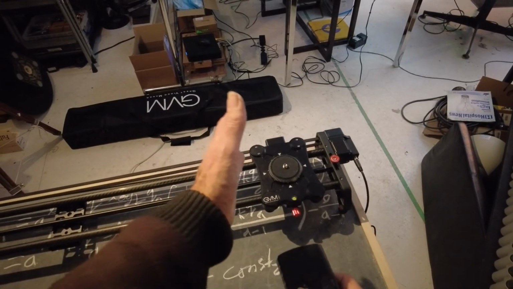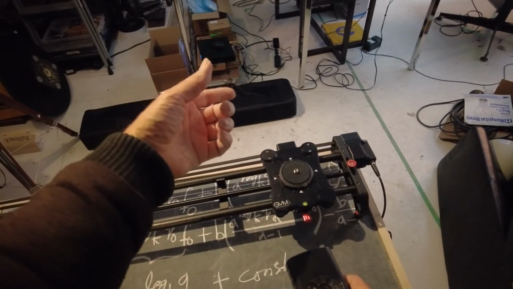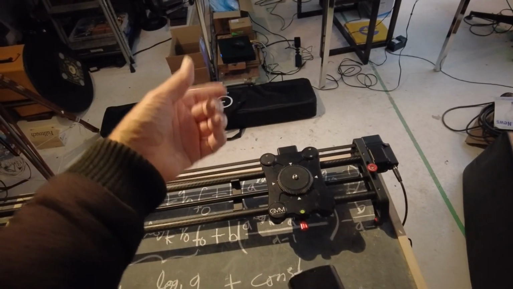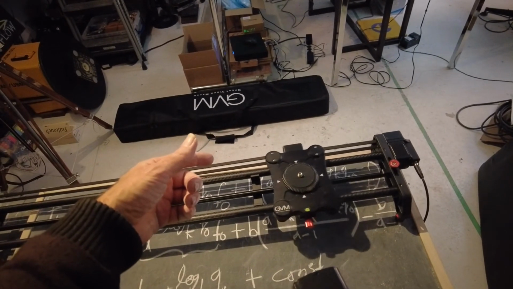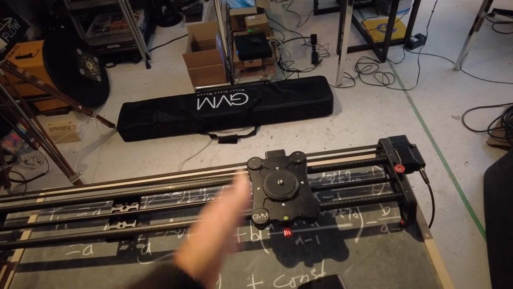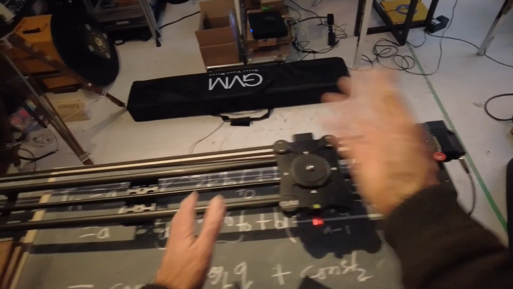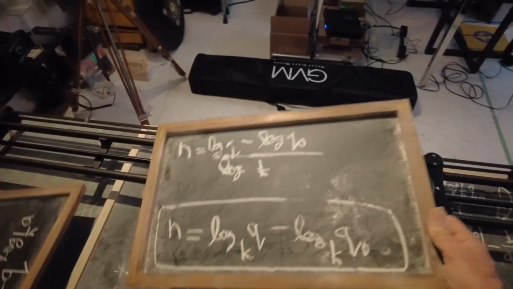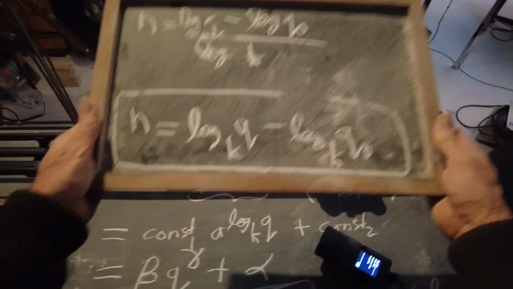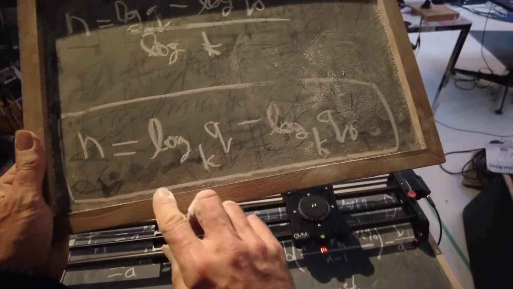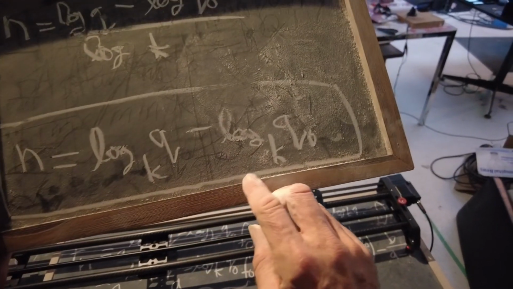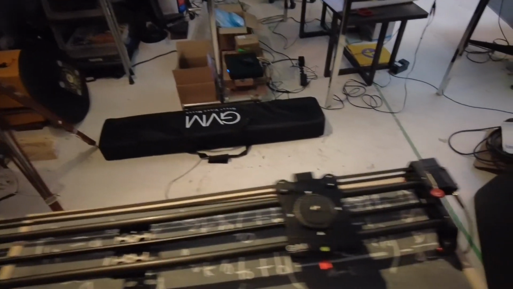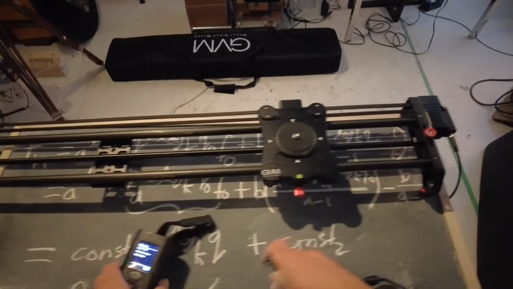And again, one of the LEDs came on, and then we moved over until it's the same, then turned the other one on, then turned it off and moved it over until it's the same as it was when it's off. And we just iterate on that, and this gave us that very fundamental iteration principle of n equals log k of q minus log k of q0. And so we simply use that fundamental principle here to solve these equations.